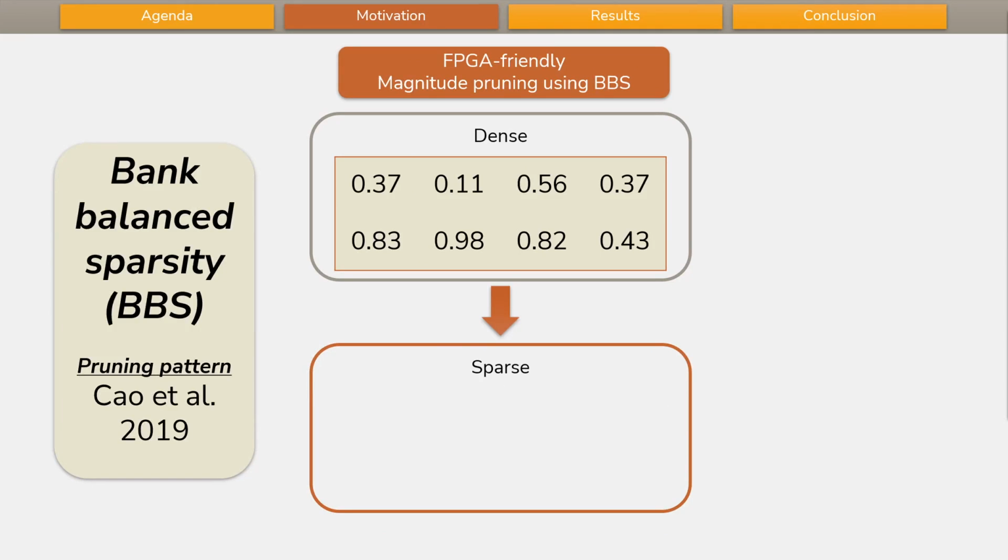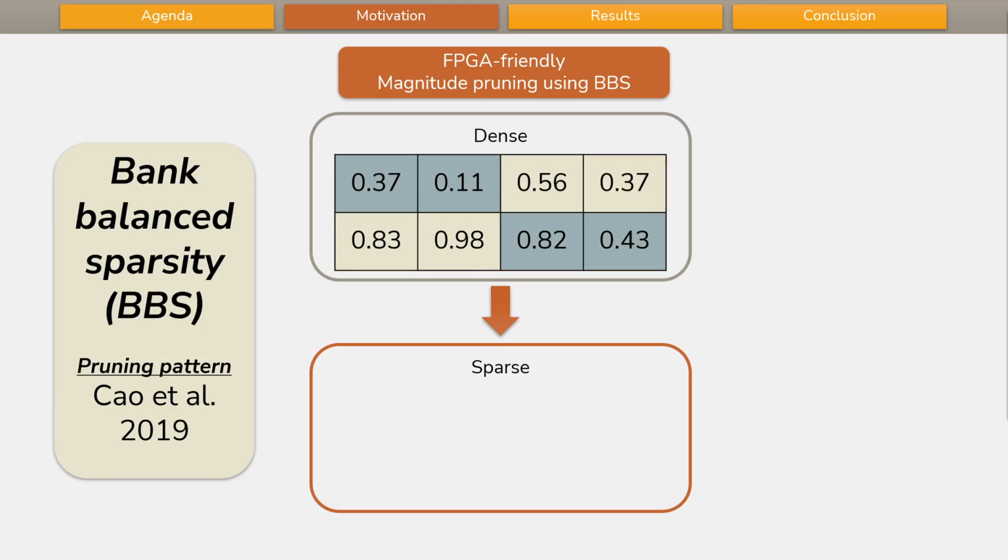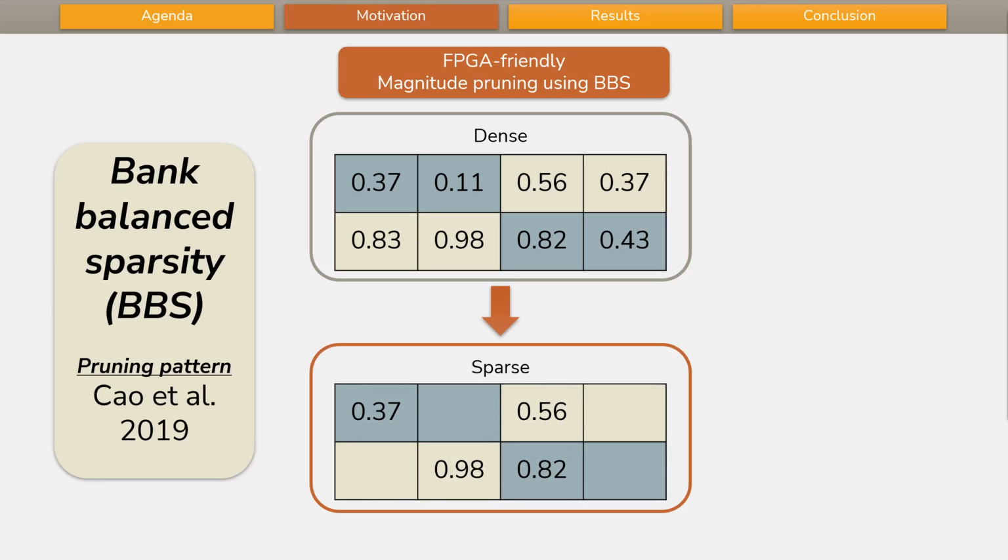To that end, a significant amount of research has been performed to design parameter pruning variants for efficient hardware acceleration. One of the most influential approaches for FPGAs is magnitude pruning using the bank balance sparsity pruning pattern, where a weight matrix is first split into banks of equal size, followed by removal of the lowest magnitude parameters within each bank to form a sparse matrix.